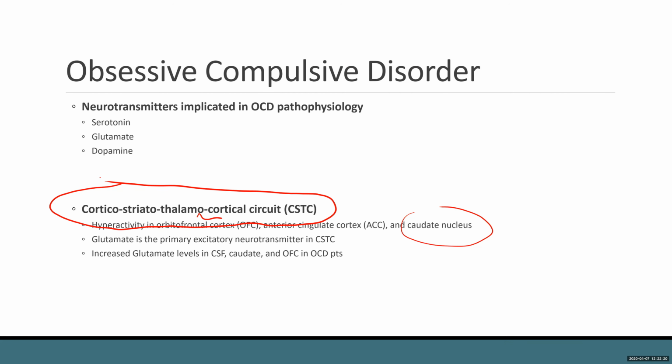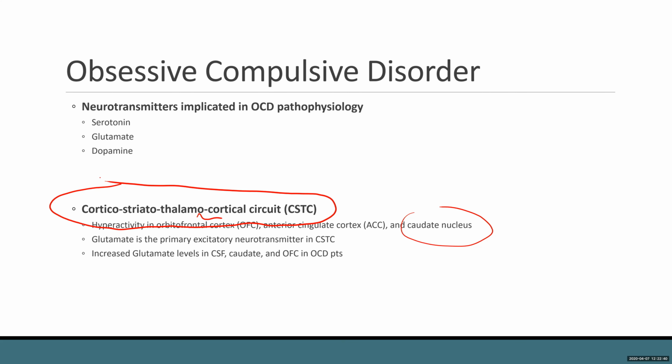If you hang around psychiatrists for too long, you may think that the only neurotransmitters we have are dopamine, serotonin, or norepinephrine. And it's actually, in fact, glutamate and GABA that are the most abundant neurotransmitters in the brain. So glutamate is very much involved.